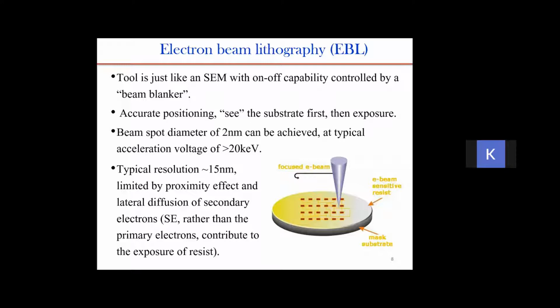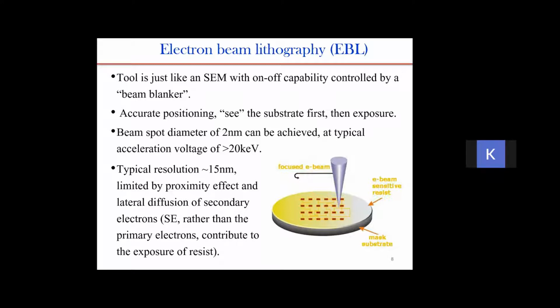Now, the beam spot or diameter of the beam that you can achieve using 20 keV is around 2 nanometer. If you increase this keV, that will be reduced further. And the typical resolution that you can achieve is around 20 nanometer.